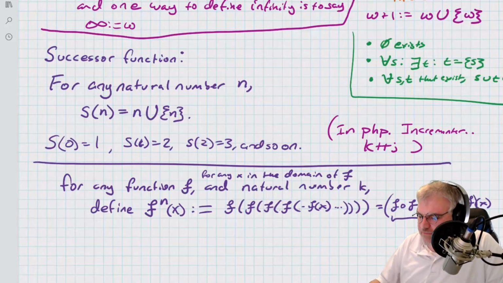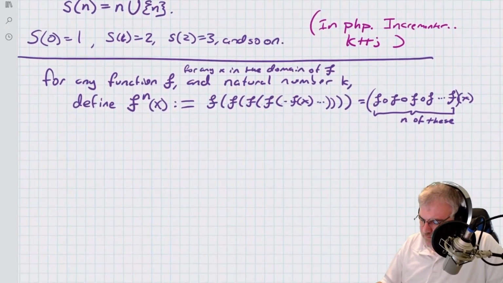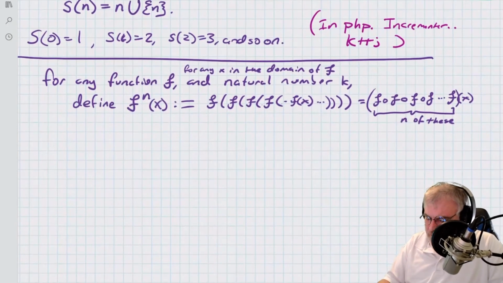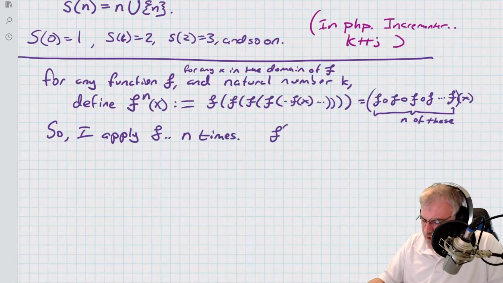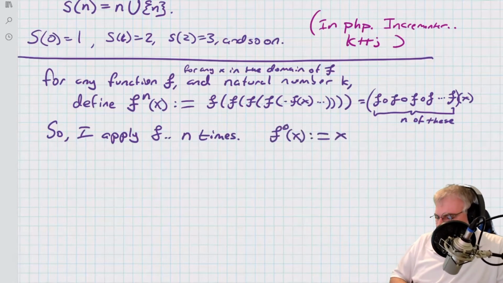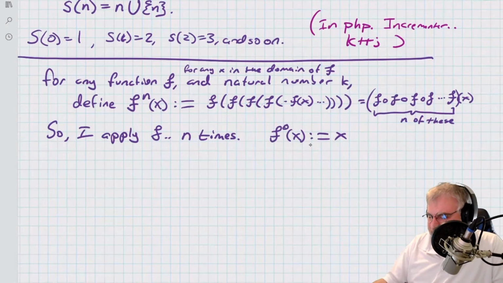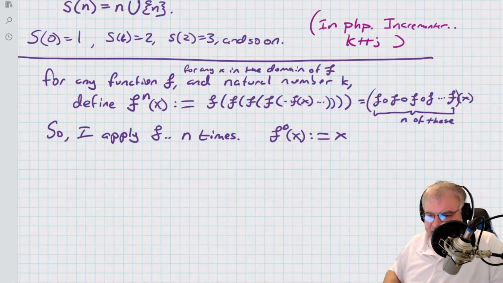Right, by basic function composition. So I apply f n times. And then f to the 0 of x is defined as just x. So I don't do anything.